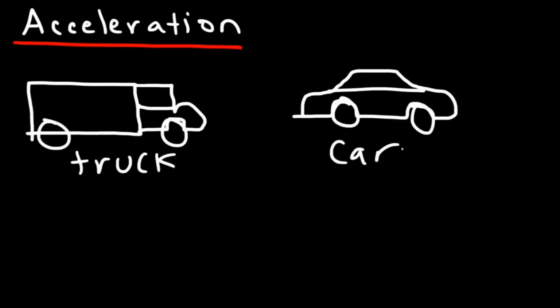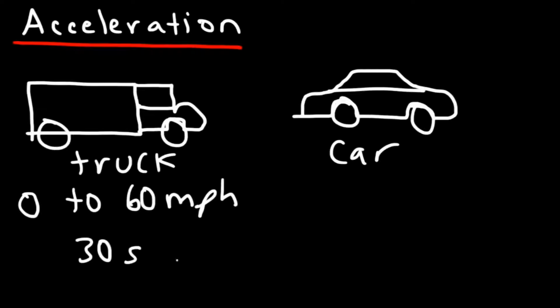So what is acceleration? Acceleration tells you how fast the speed is changing, or more technically, how fast the velocity is changing. The truck can probably go from 0 to 60 miles per hour in, let's say, 30 seconds.